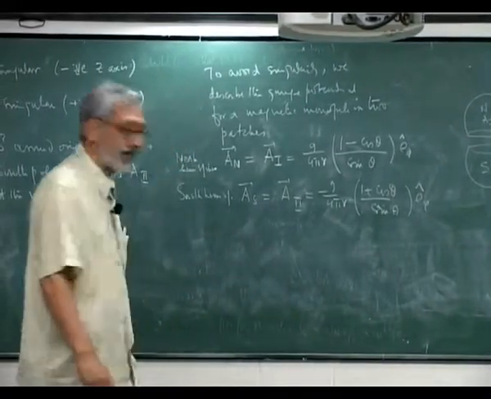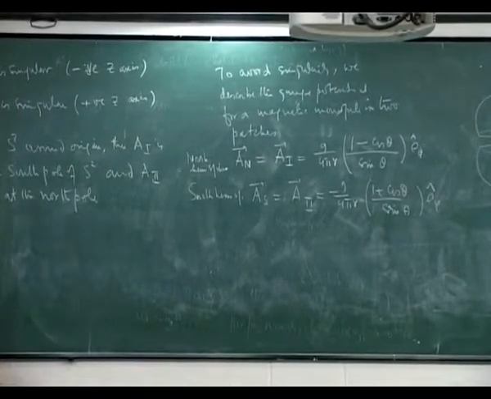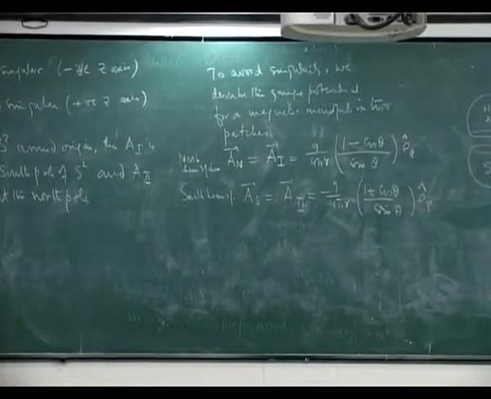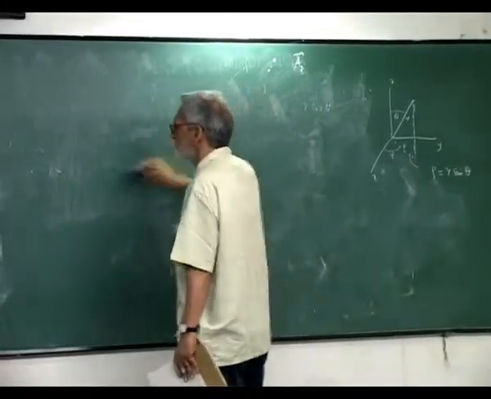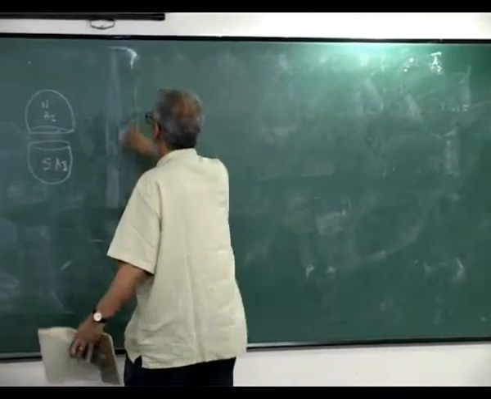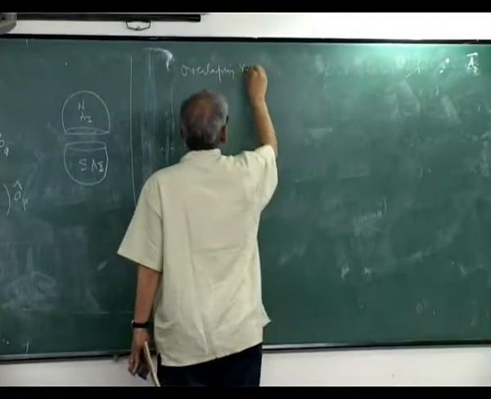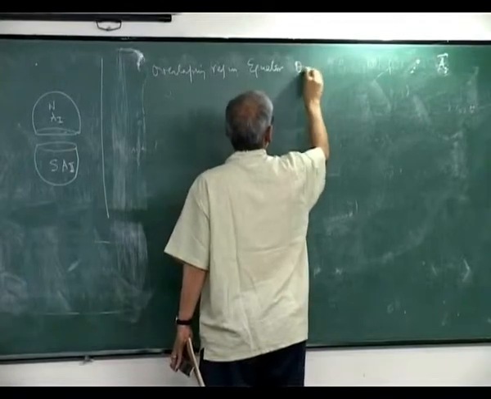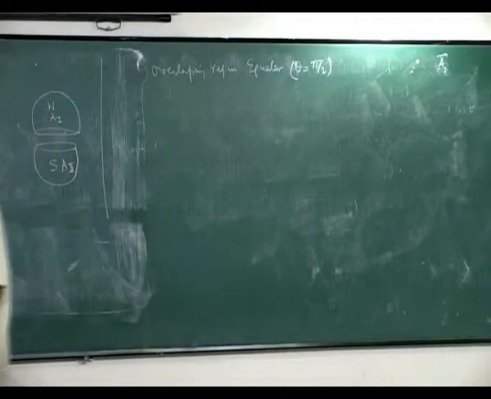The overlapping region is the equator, which is theta equal to pi by 2, the theta equal to pi by 2 circle.